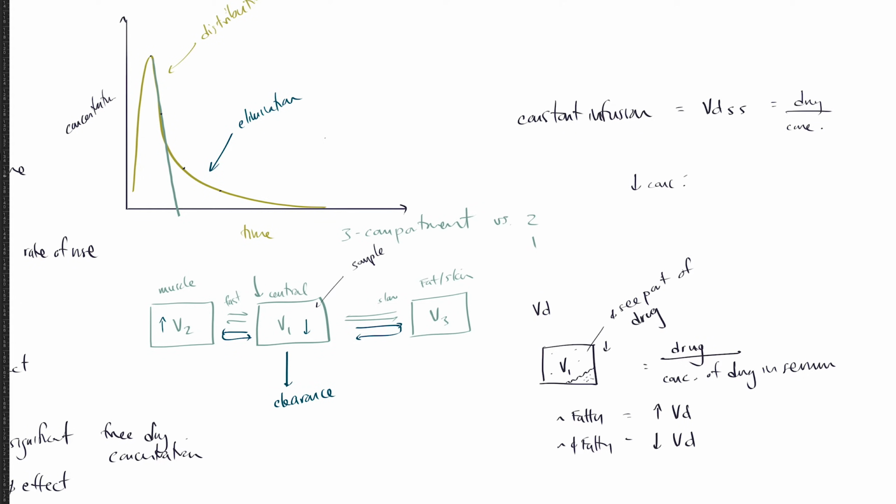And one might decide, okay, well then we can calculate a loading dose, just like the way pharmacy describes maybe loading doses for, let's say, antibiotics. And so a loading dose is normally equal to the VDSS times the target concentration.